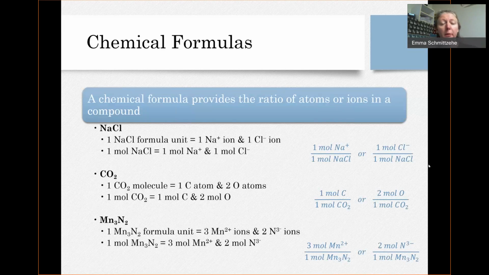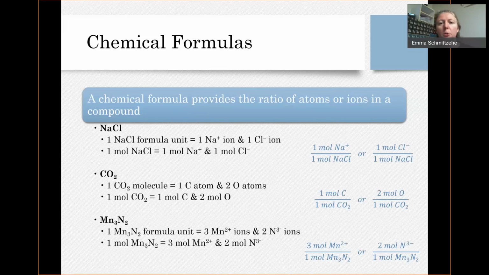Okay, or you can flip those, and you can use those then to convert either from moles of NaCl to moles of Na plus, or moles of NaCl to moles of Cl minus, or the other direction, moles of Na plus to moles of NaCl. So, just like with the carbon dioxide, you can convert between moles of CO2 and moles of carbon, or moles of CO2 and moles of oxygen. Okay? And the same with that manganese(II) nitride.